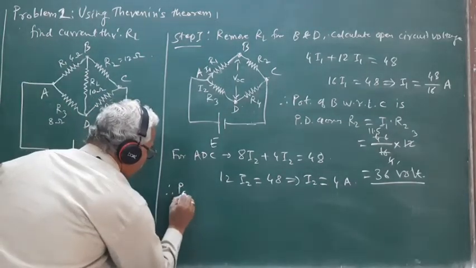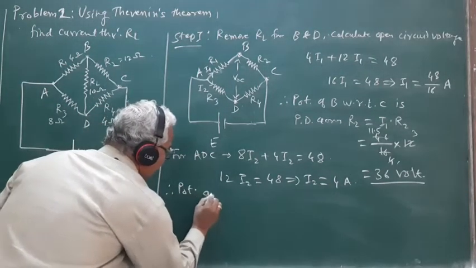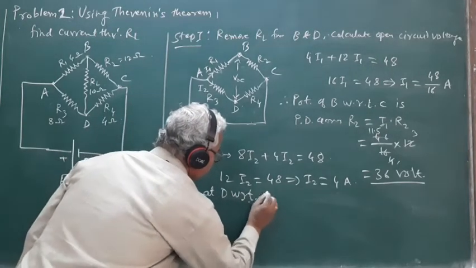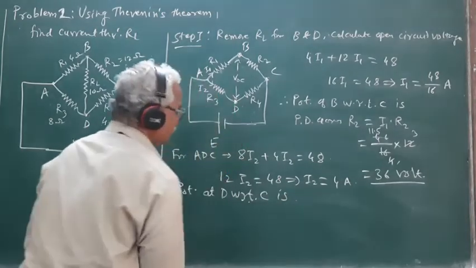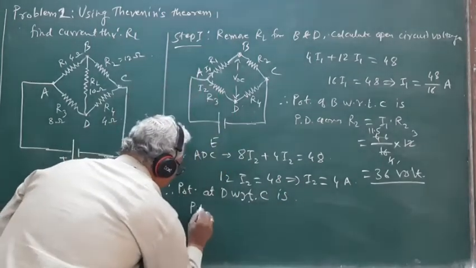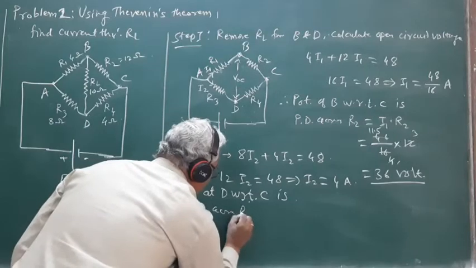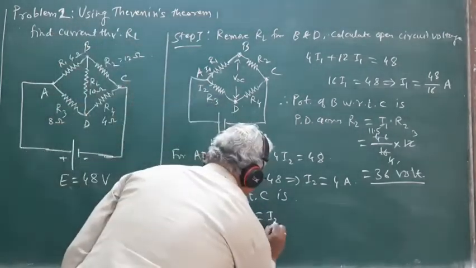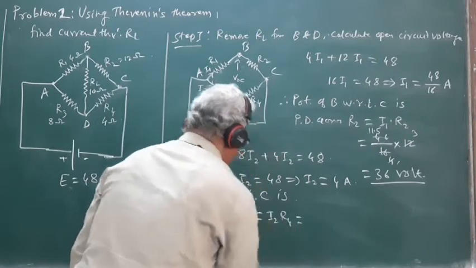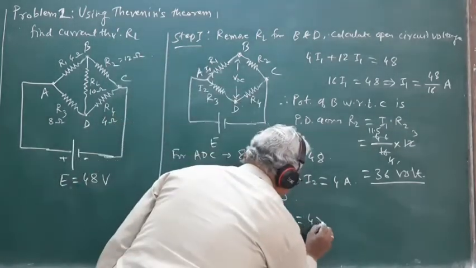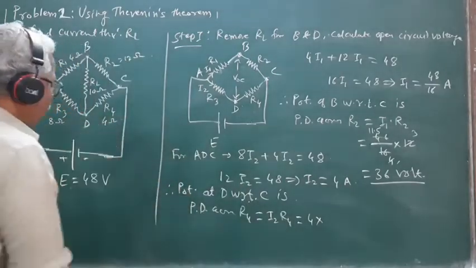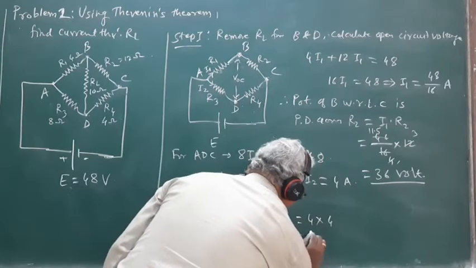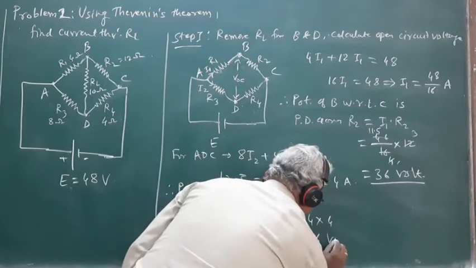Therefore, potential at D with respect to C is PD across R4, so I2 is 4 ampere multiplied by R4 is 4 ohm. So it works out to be 16 volt.